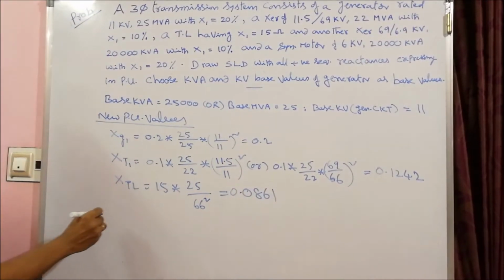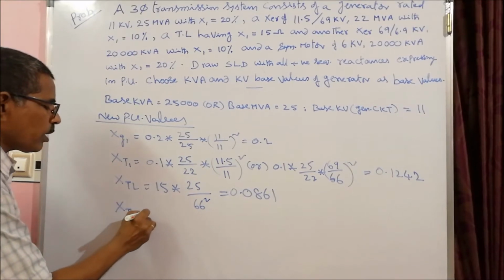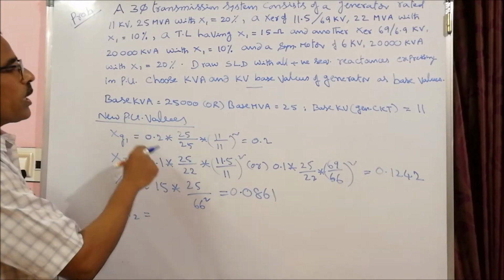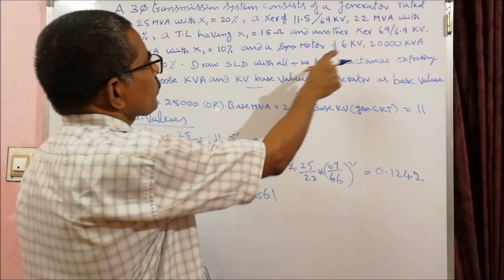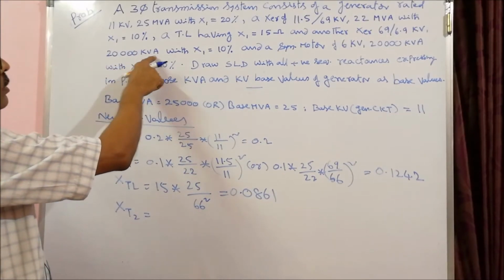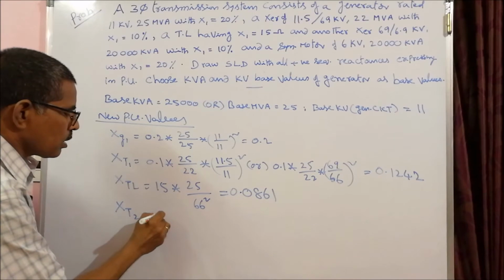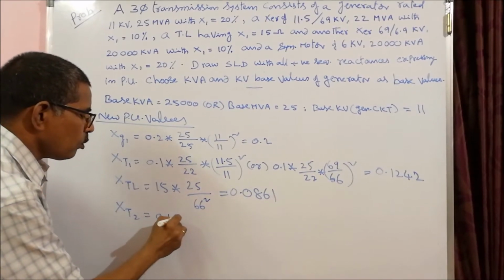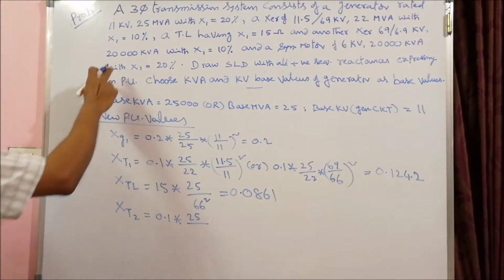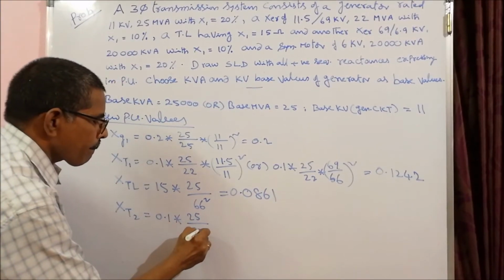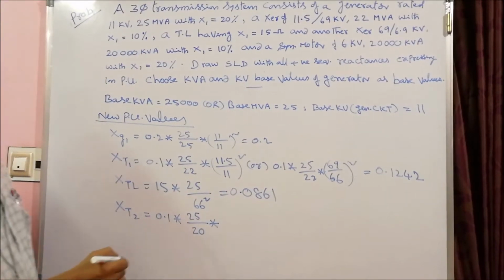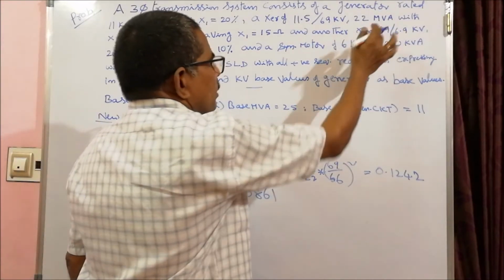Okay. Then XT2, transformer 2. Transformer 2, what is its per unit reactance? In another transformer, 10%. So 0.1 into new MVA by old MVA. Its MVA is 20, into old kV, that is 69.